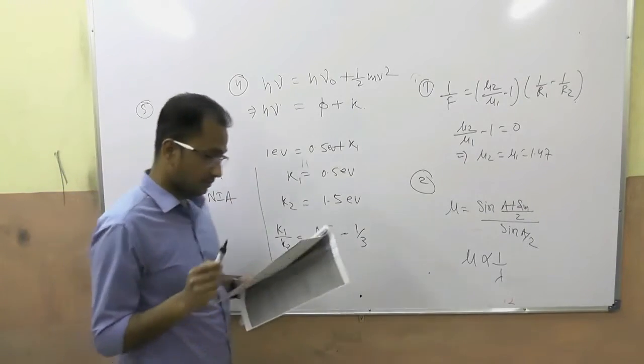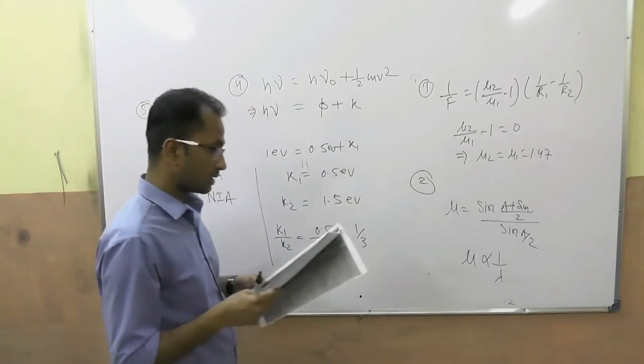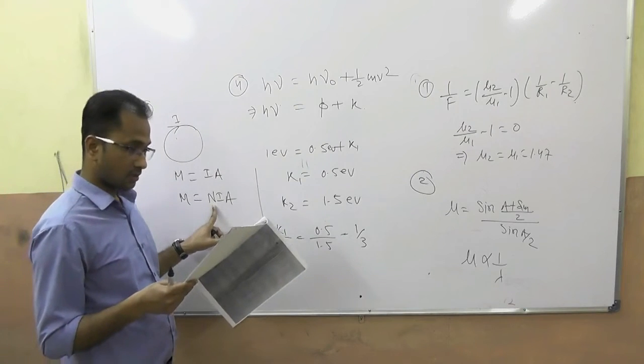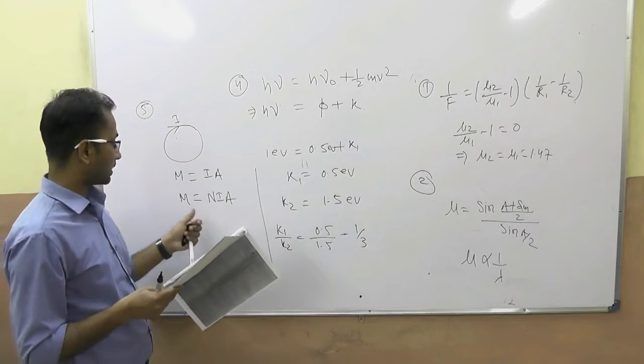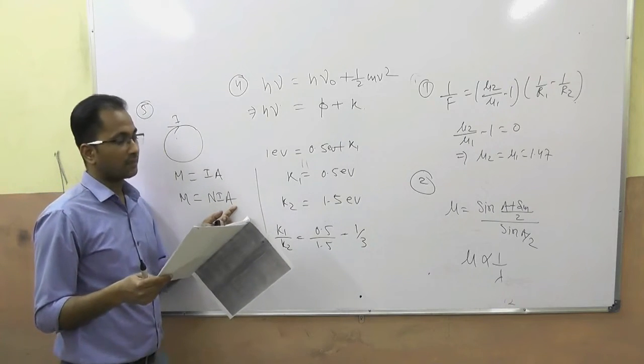Okay. First option is number of turns of the coil. It is correct, but the question is does not depend upon.